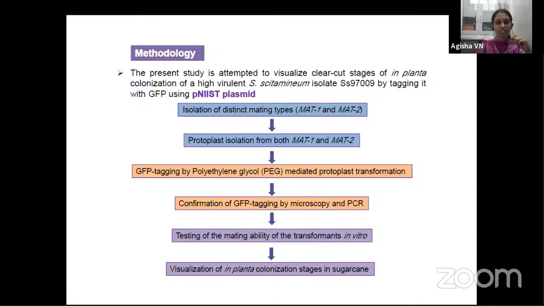The methodology is as follows: isolation of distinct mating types, followed by protoplast isolation from both MAT1 and MAT2. Then GFP tagging by polyethylene glycol protoplast transformation is done, followed by confirmation of GFP tagging by microscopy and PCR. Further, testing of the mating ability of the transformants in vitro and visualization of in planta colonization stages in sugarcane was also done.